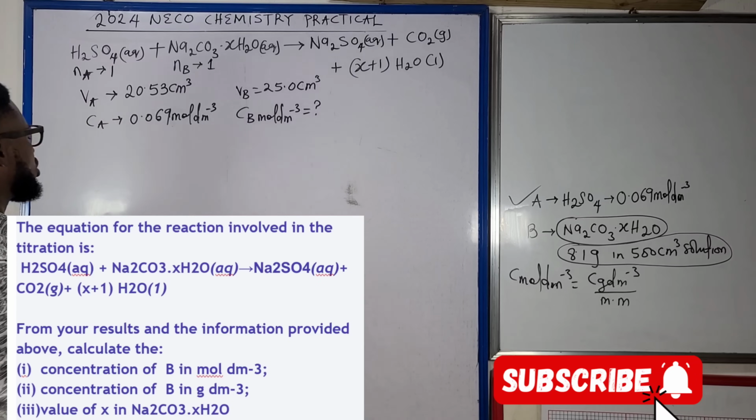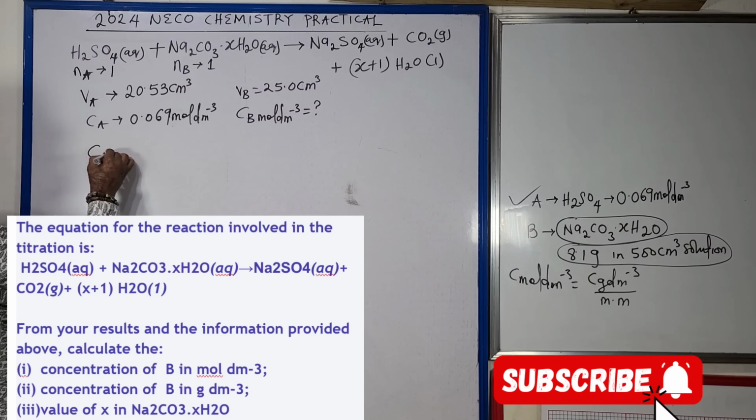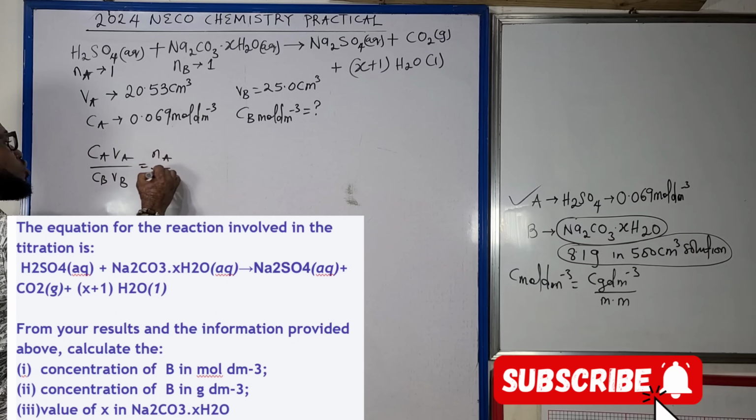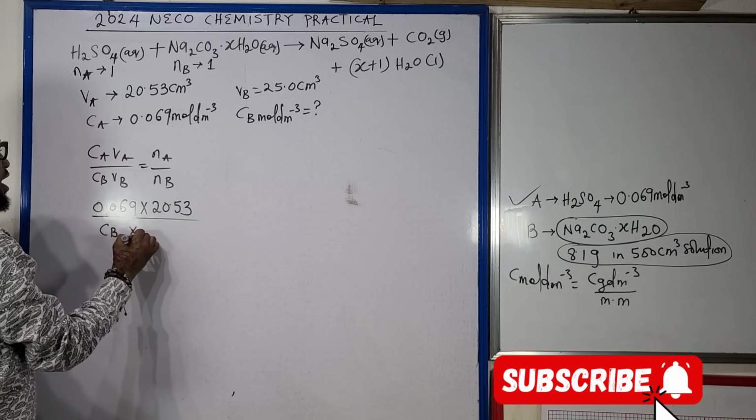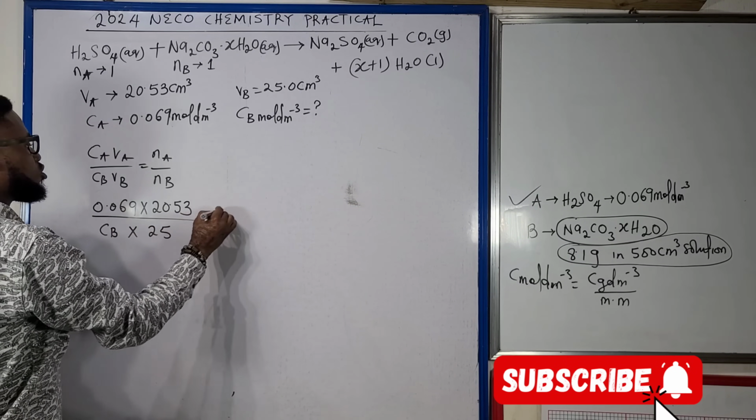So I'll come here and I'll be saying CA VA over CB VB equals NA over NB. In this case, my CA is 0.069 times 20.53, that's the average volume of acid used. CB here is what I am looking for, times VB is 25, equals 1/1.